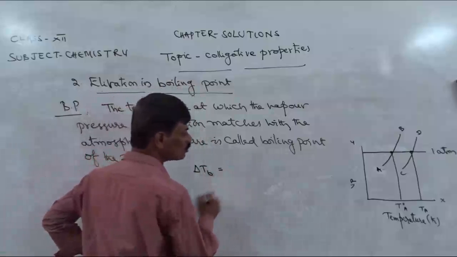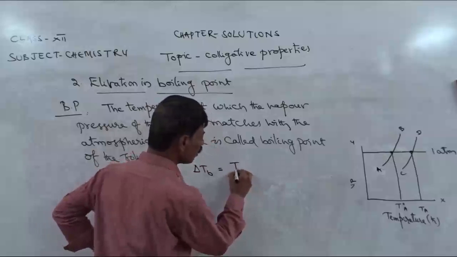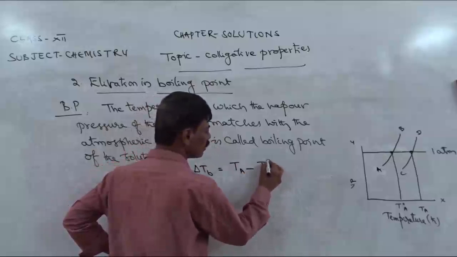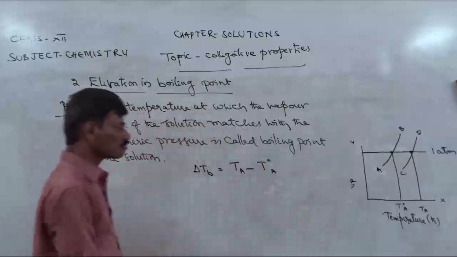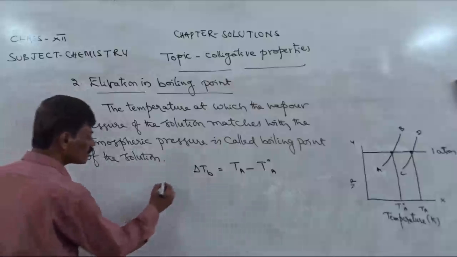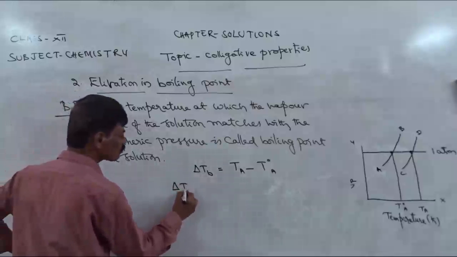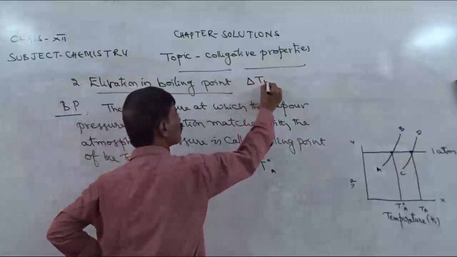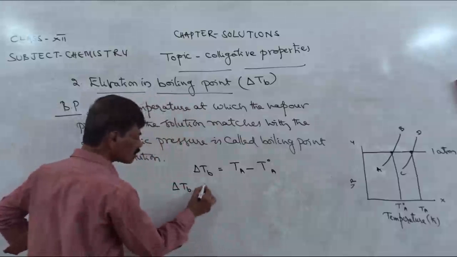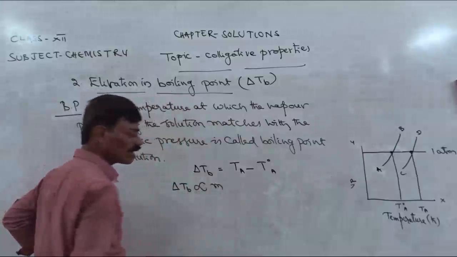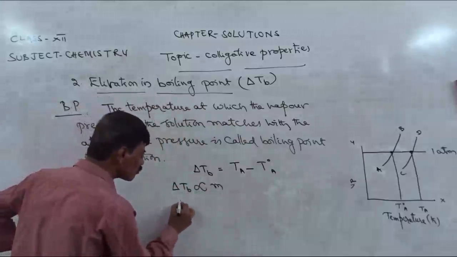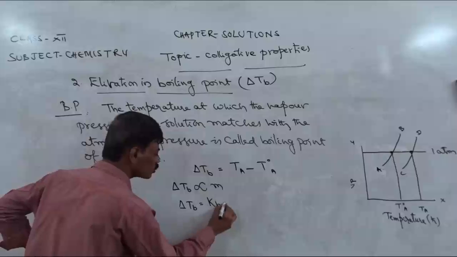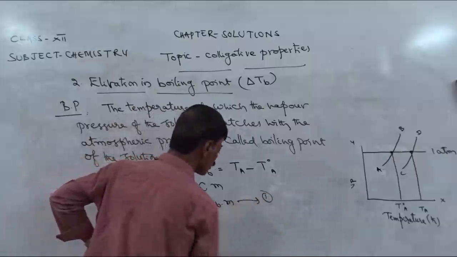This is equal to TA minus T0. Right, and here delta TB is said to be elevation in boiling point, and this is directly proportional to molality. When that proportionality mark is removed, you will get delta TB is equal to Kb into m. Let this be equation number 1.